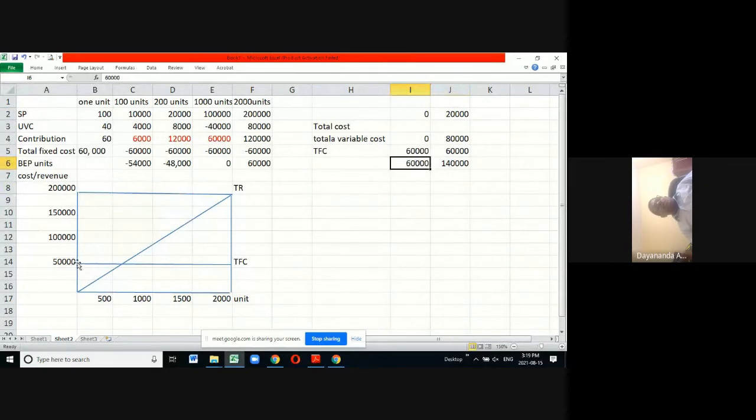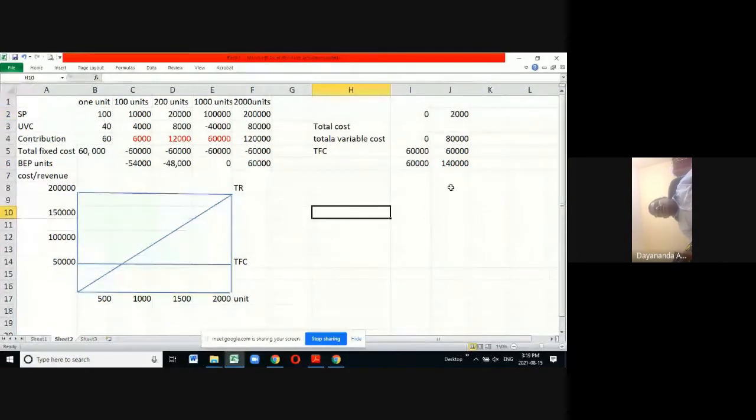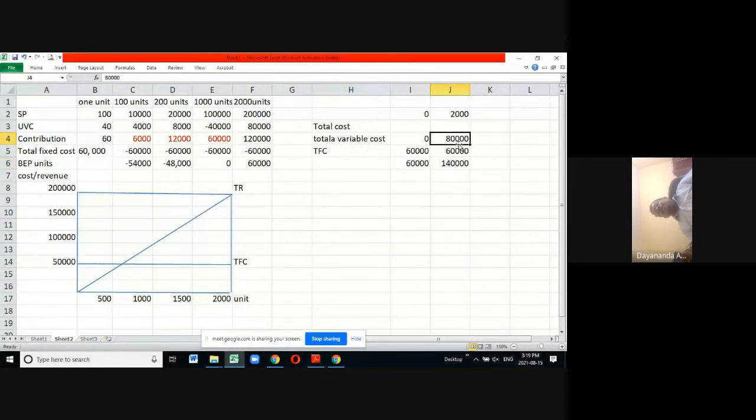And if you are selling 2,000, your variable cost would be 80,000 and fixed cost would be 60,000. Total cost would be 140,000. එතකොට අපි බලනවා ඒ 2000 දී 1,40,000 කොහෙද තියෙන්නේ කියලා.